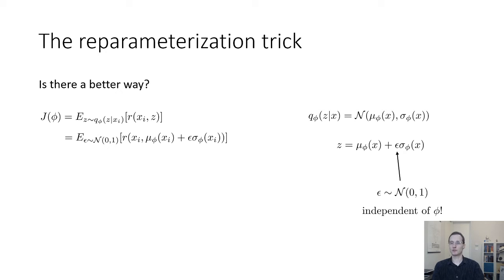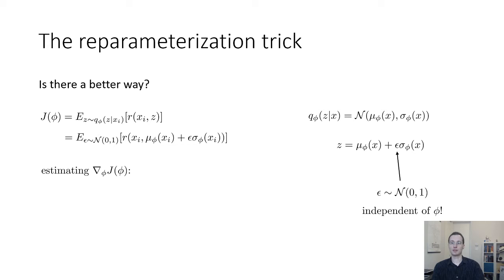So this is a function of xi and epsilon. But notice that now phi only appears inside the expectation. The distribution with respect to which we're taking the expectation is not dependent on phi anymore. We've reparameterized the distribution, and that's why it's called the reparameterization trick.